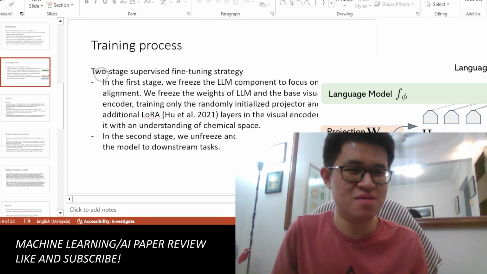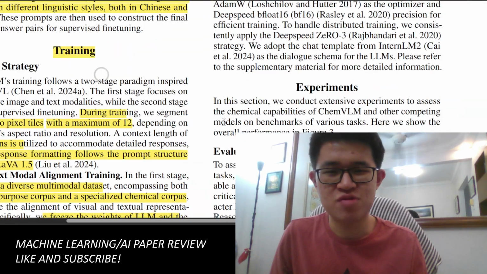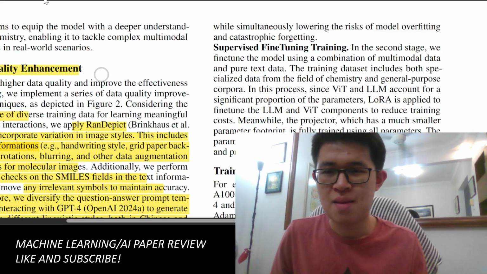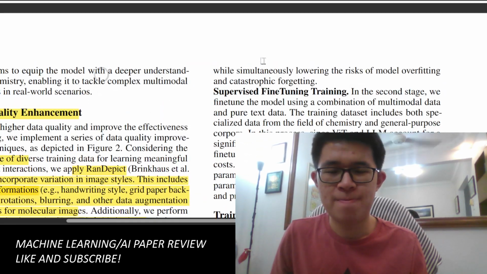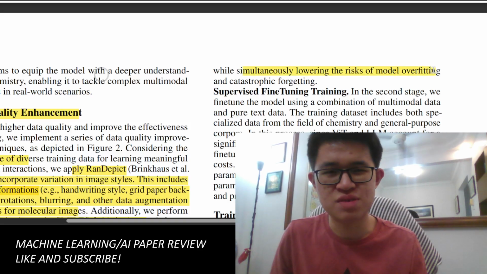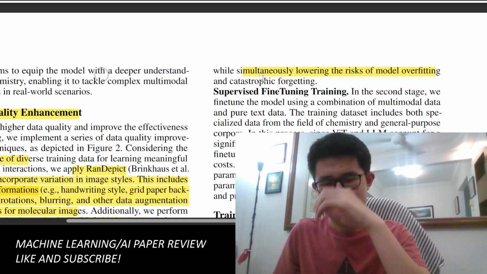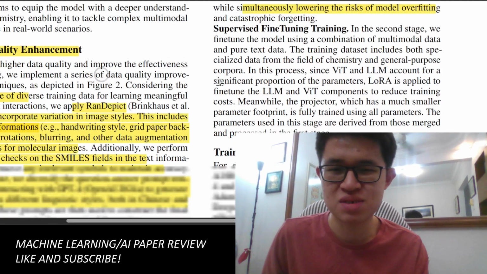And talk about LoRA, that's good. But I'm not so sure about this part, lowering the risk of overfitting, but you're still fine tuning regardless.